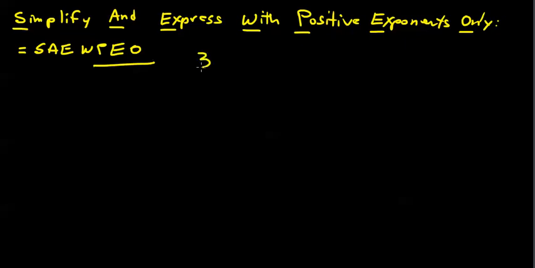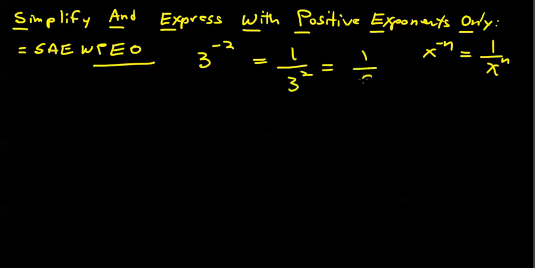Alright, so here's our first example. What's 3 to the minus 2 power? Well, remember the rule. Let me write it over again here. x to the minus nth is 1 over x to the nth. So 3 to the minus 2, by definition, is 1 over 3 squared, which is 1/9. Alright, so it's not negative 6, it's not 1 over negative 6, nothing like that.